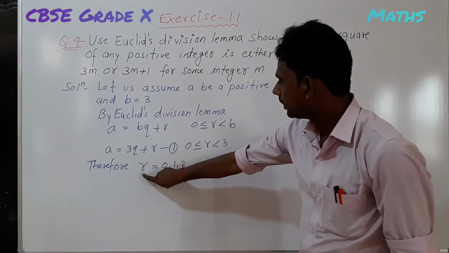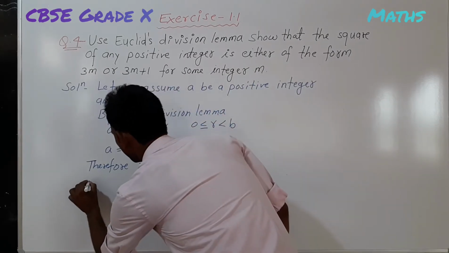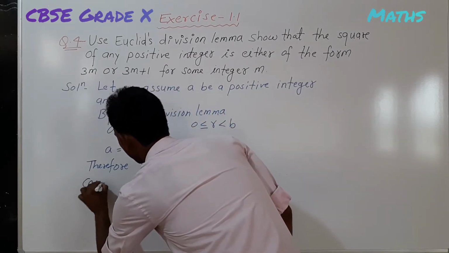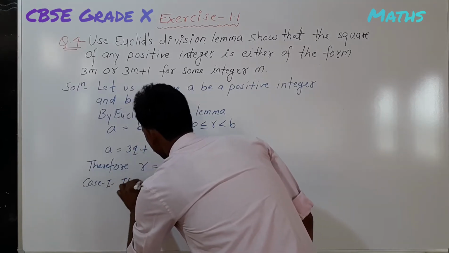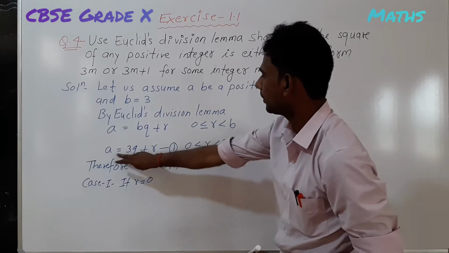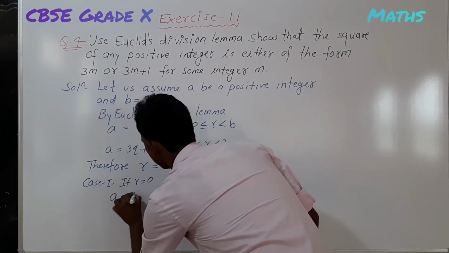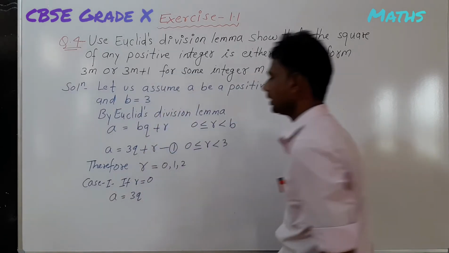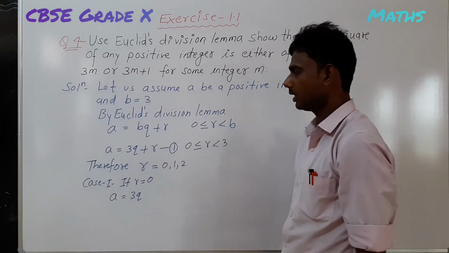Now substitute the value of r in equation number 1. Case 1: if r is equal to 0, then from equation 1, a equal to 3q plus 0. No need to write the 0. Then a equal to 3q.